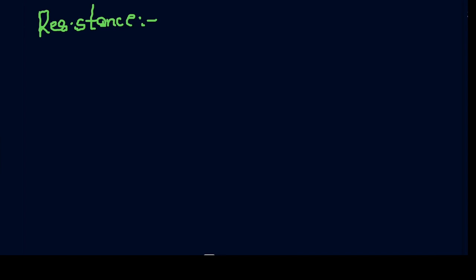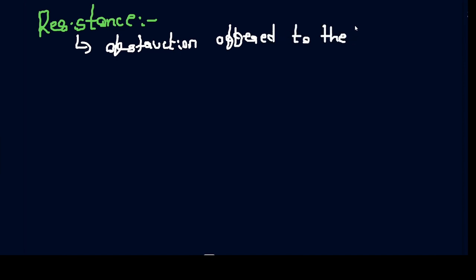Now, what is resistance? Resistance is the property of opposition or obstruction offered to the flow of charges in a conductor or in a material.